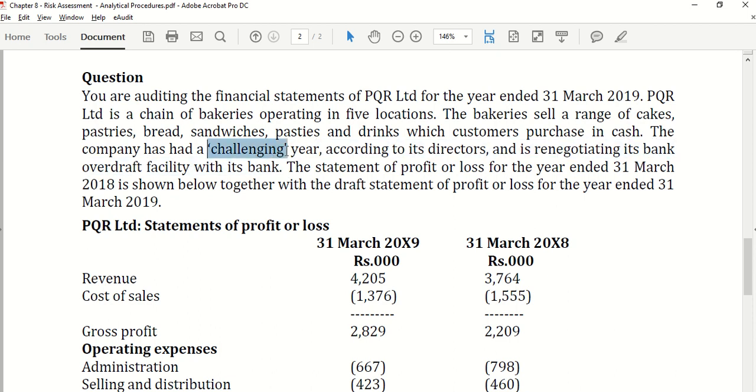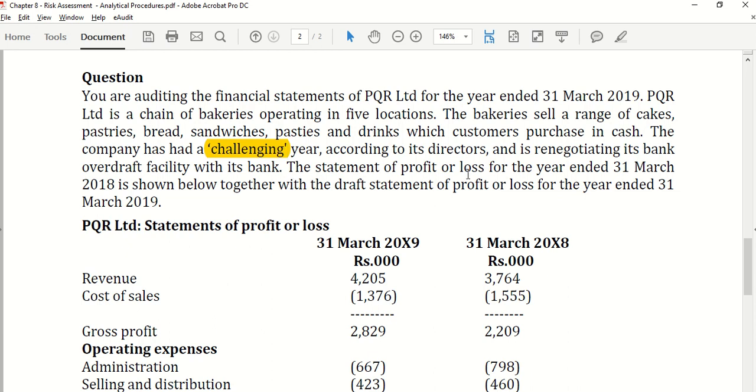The company had a challenging year according to the directors. The directors tell about the governance of the organization, right? Those charged with governance, the people who run the organization, tell that it's a challenging year, right? And it is renegotiating its bank overdraft facility with its bank.